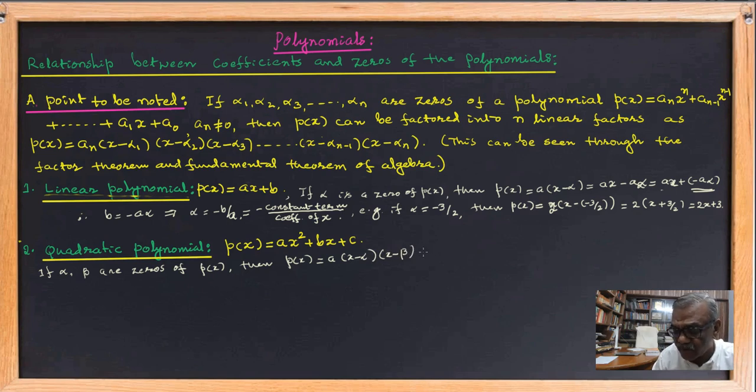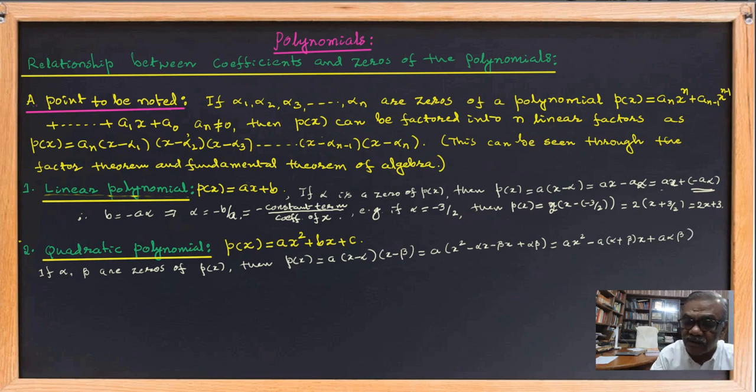After multiplying these two linear factors, you get a into (x square minus alpha x minus beta x plus alpha into beta), which can be written as ax square minus a into (alpha plus beta) into x plus a into alpha beta.